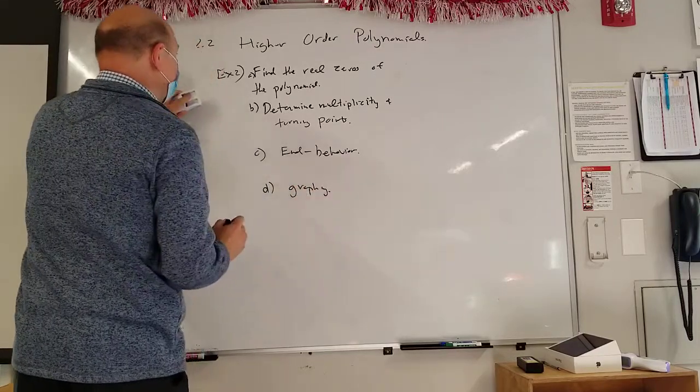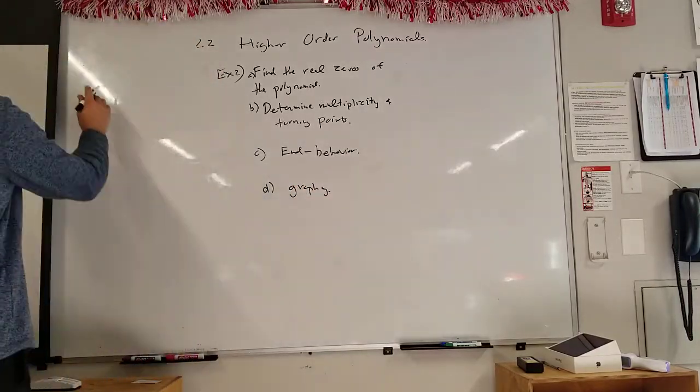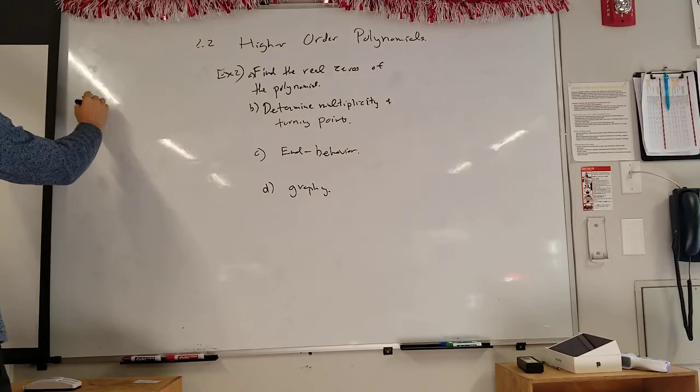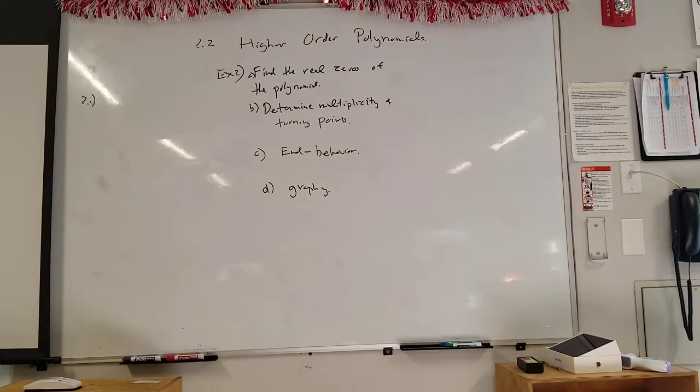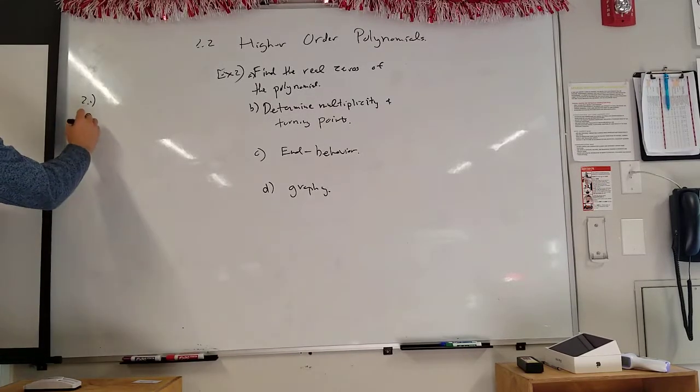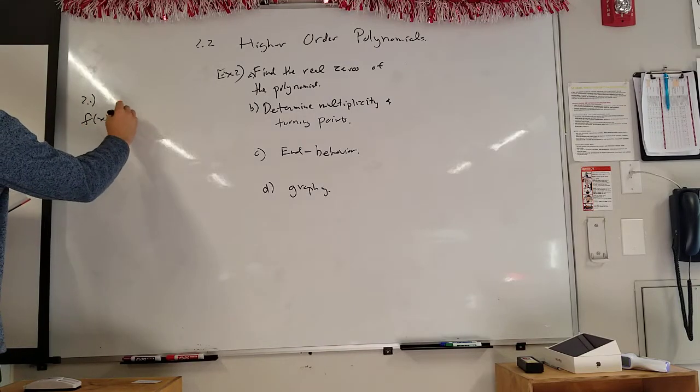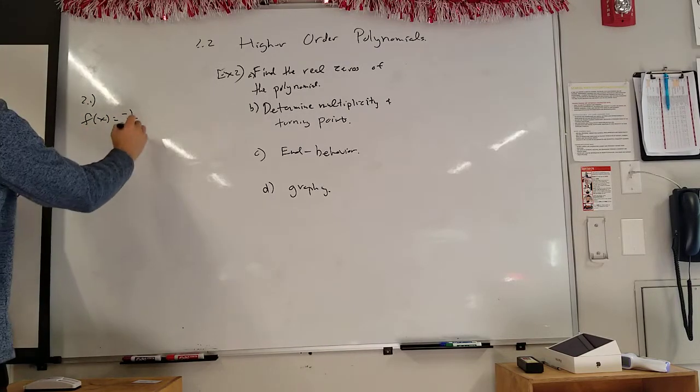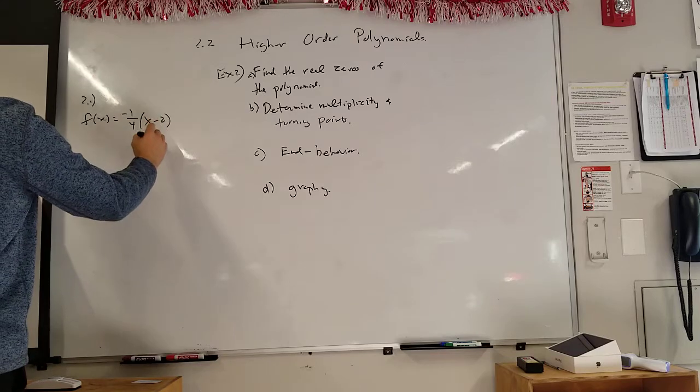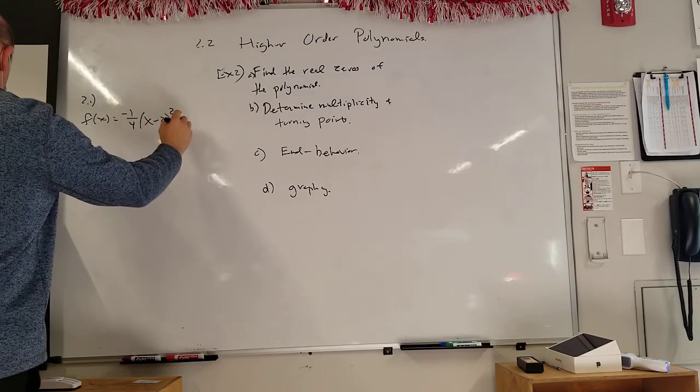It just looks a little different as you do it up here. So here's 2.1. Here's what I need. Type x is equal to negative 1/4. X minus 2 second.